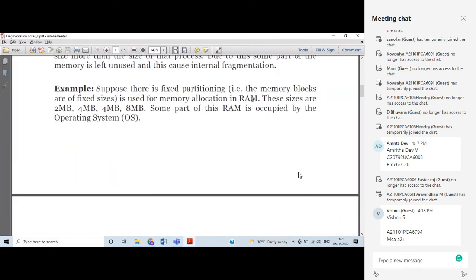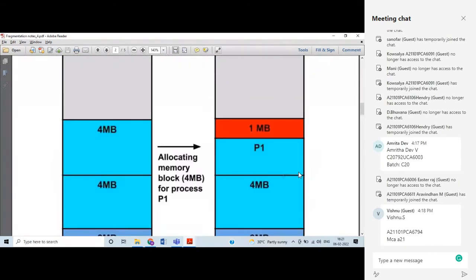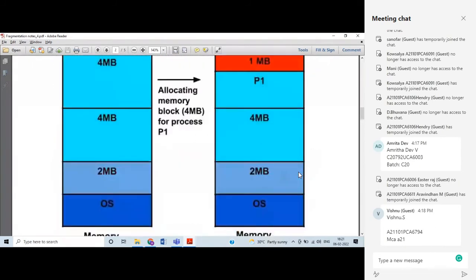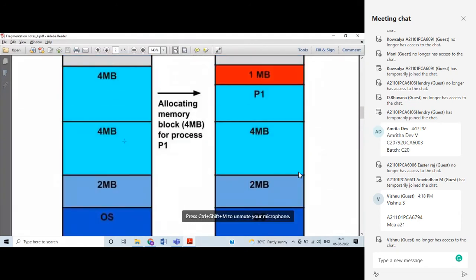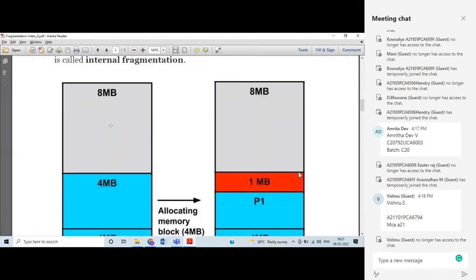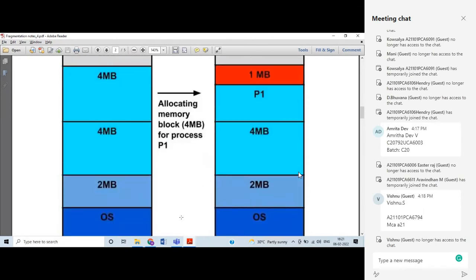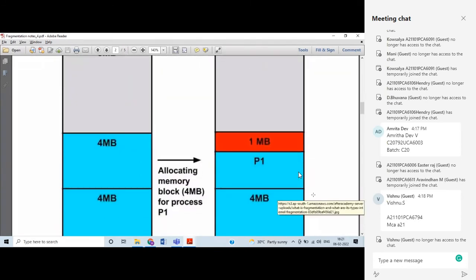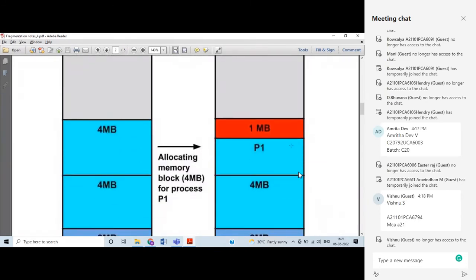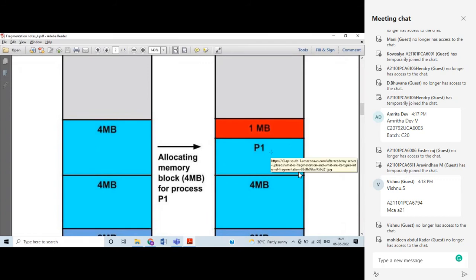For example, suppose there is fixed partitioning. Here, the memory is divided into 2 MB, 4 MB, 4 MB and 8 MB blocks. There is only one process, P1, whose size is 3 MB.